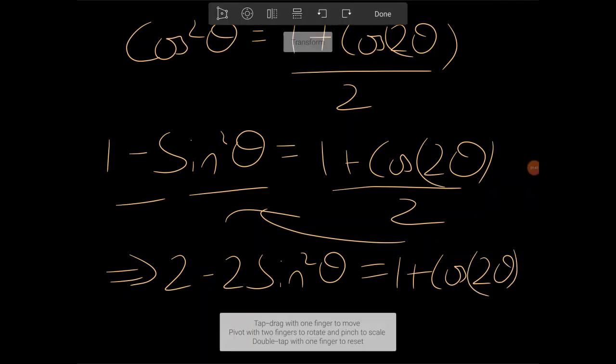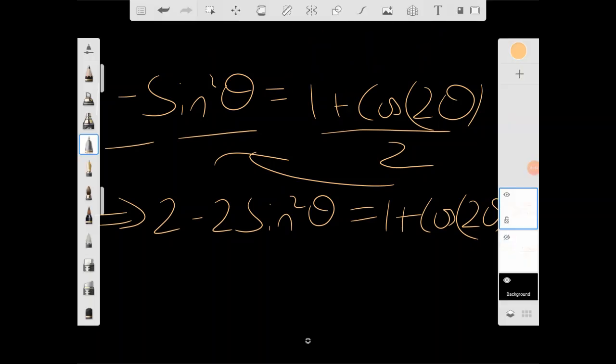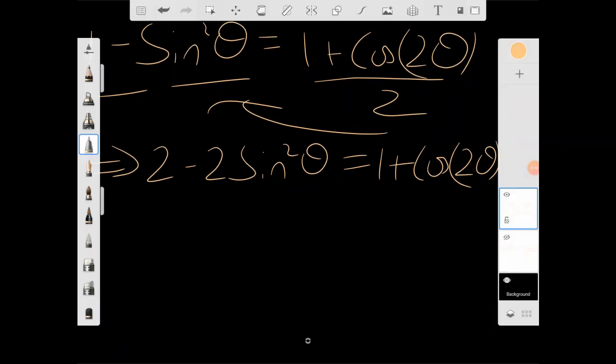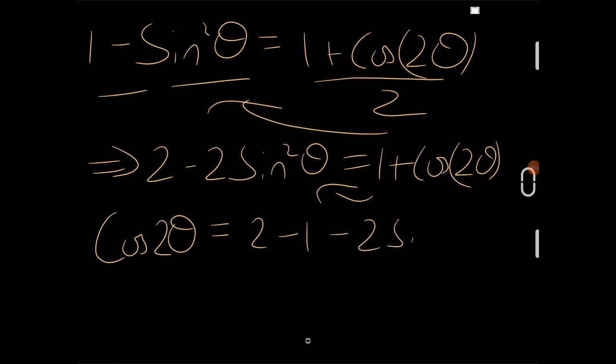Now I will put cos 2 theta here, and I'll put the 1 into this side, so it will be 2 minus 1 minus 2 sine square theta, which is 1 minus 2 sine square theta.